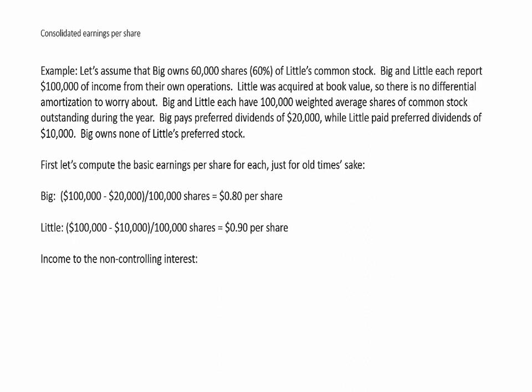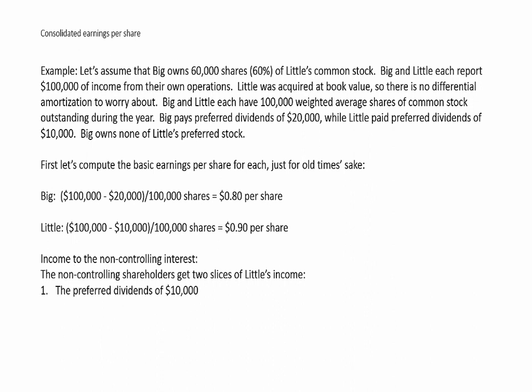The income to the non-controlling interest. Now, there are two groups of non-controlling shareholders. Those who hold Little's preferred stock are non-controlling shareholders. Likewise, the people who own the other 40% of Little's common stock are also non-controlling shareholders. So there are two components to the non-controlling interest, and two groups of people who have a claim on those earnings.